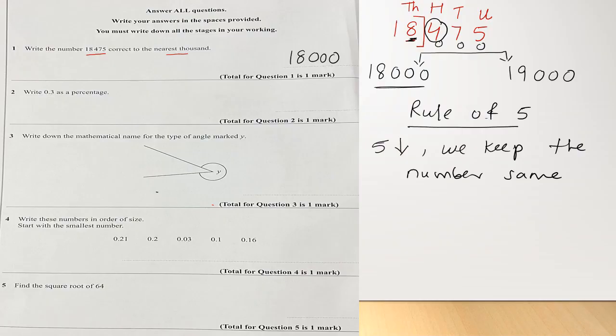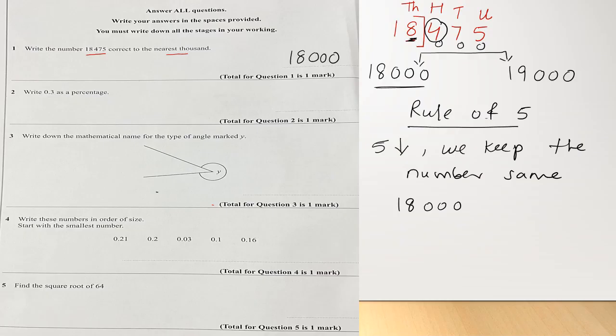For example, in our case, our number is 8 in the 1000 place, so I'm not going to change it. It will be the same 8, so it will be 18. I'm not going to change the number because my next door number is less than 5, so it will be only 18 and I'm going to add the zeros, so it will be 18,000.